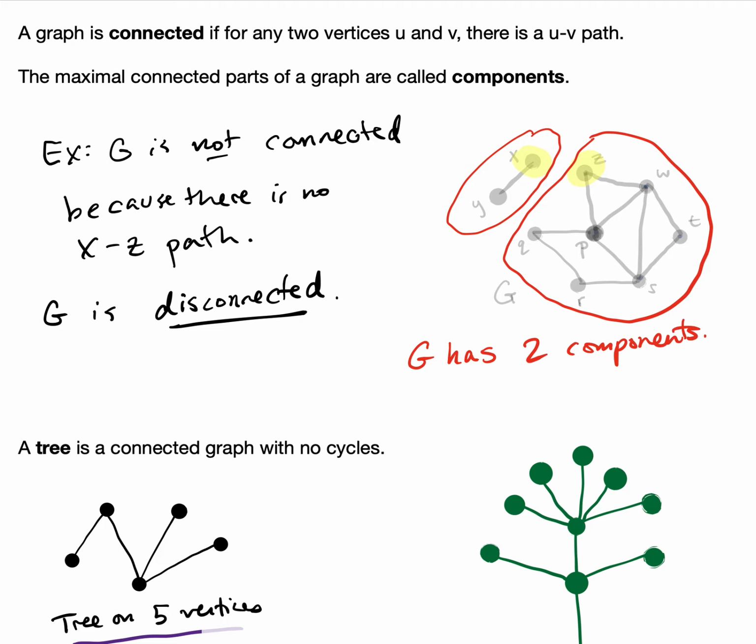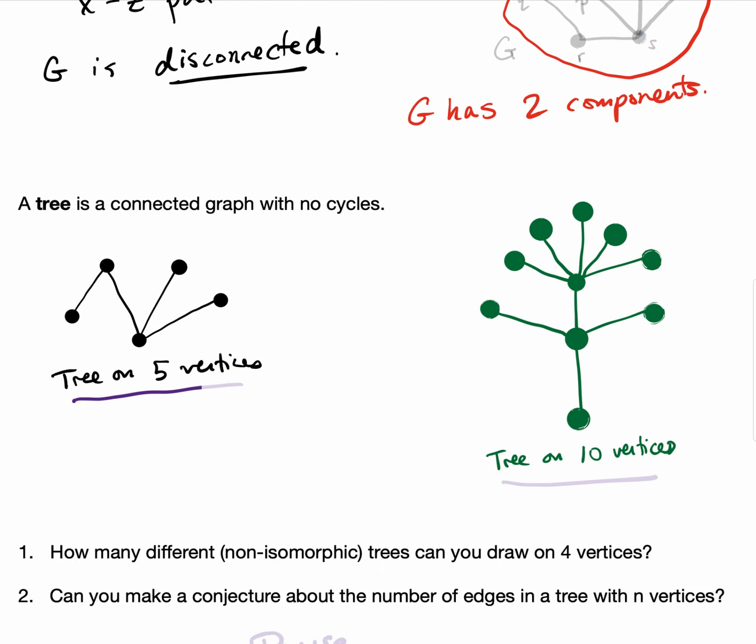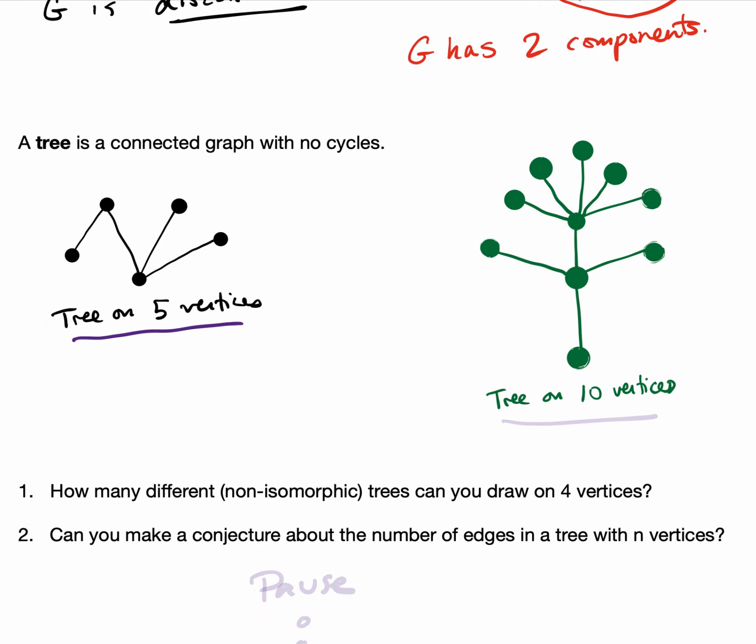A tree is a connected graph with no cycles. So below are two different examples of trees. On the left we've got a tree with 5 vertices, and on the right we've got a tree on 10 vertices, and drawn to look a little more like an actual tree.